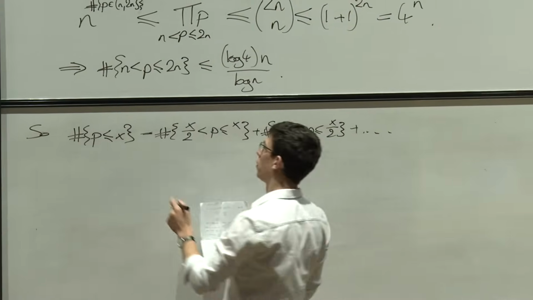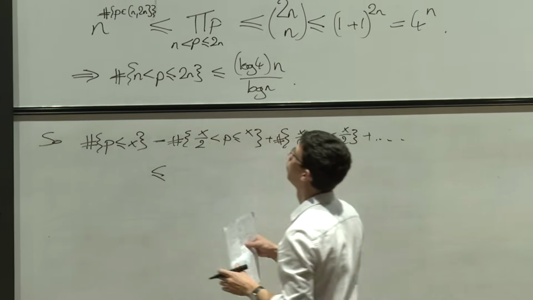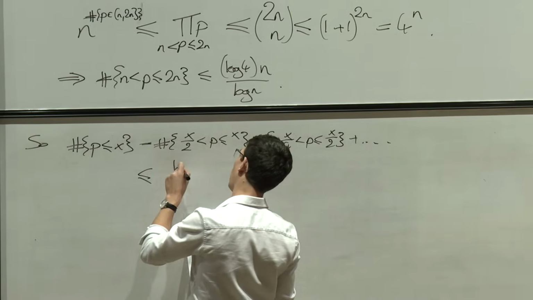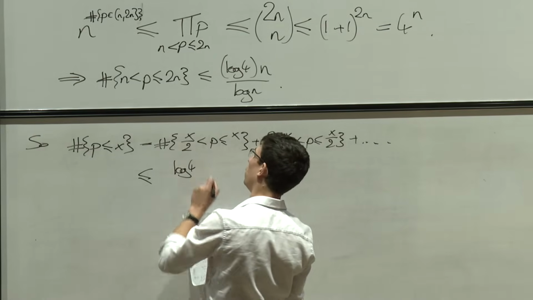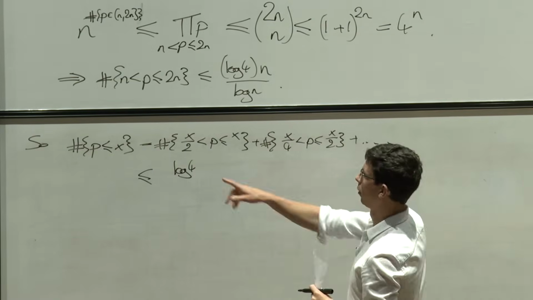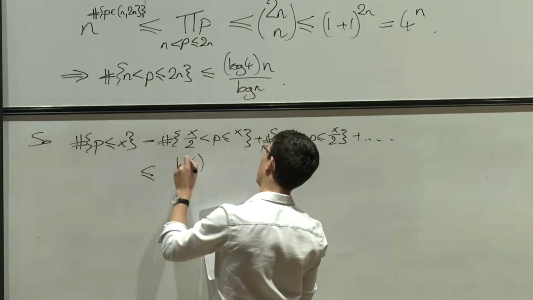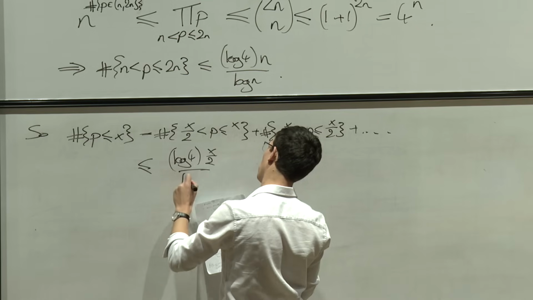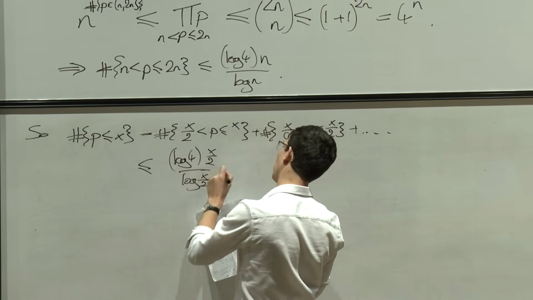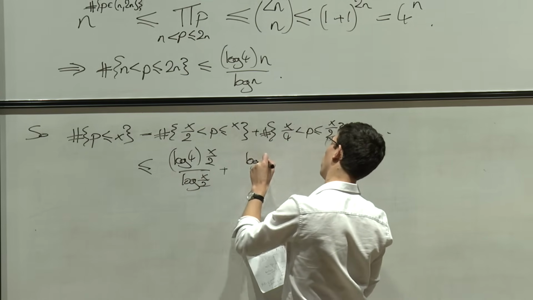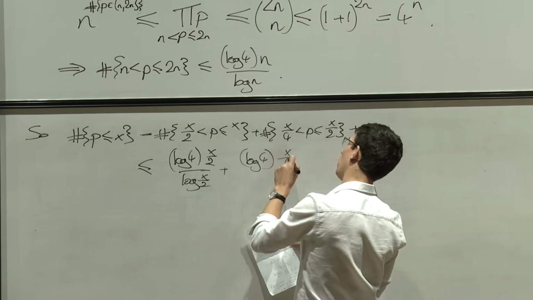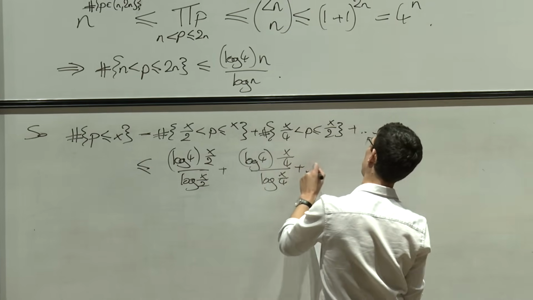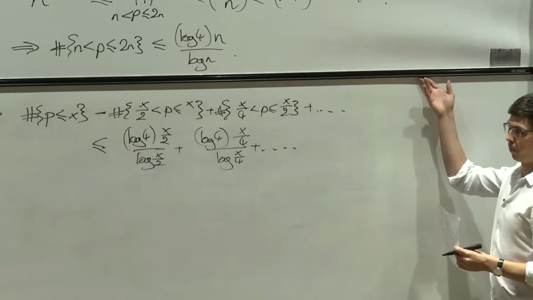And for each of these, we can use our bound here: log 4 times x over 2 over log x over 2, plus log 4 times x over 4 divided by log x over 4, and so on.